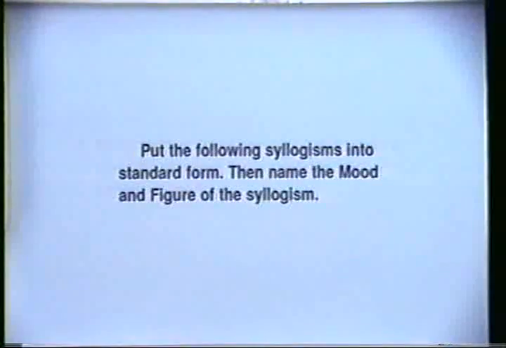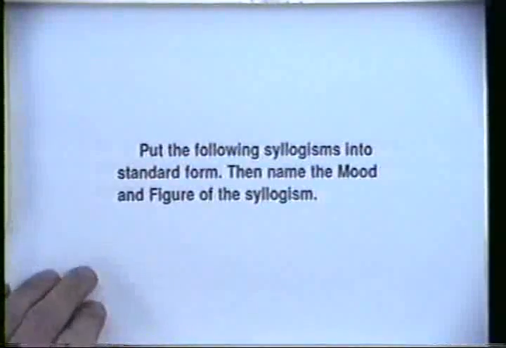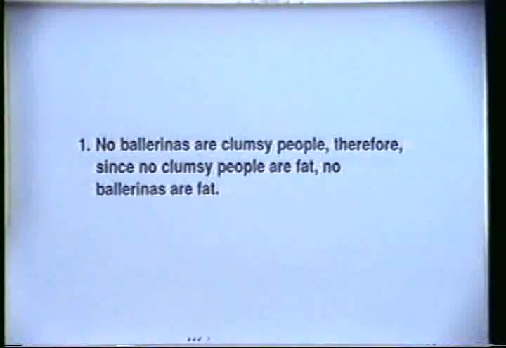Now, in the first part of Unit 5, we need to place the following arguments into standard form, and then name the mood and the figure of each of the syllogisms. Number 1, no ballerinas are clumsy people.